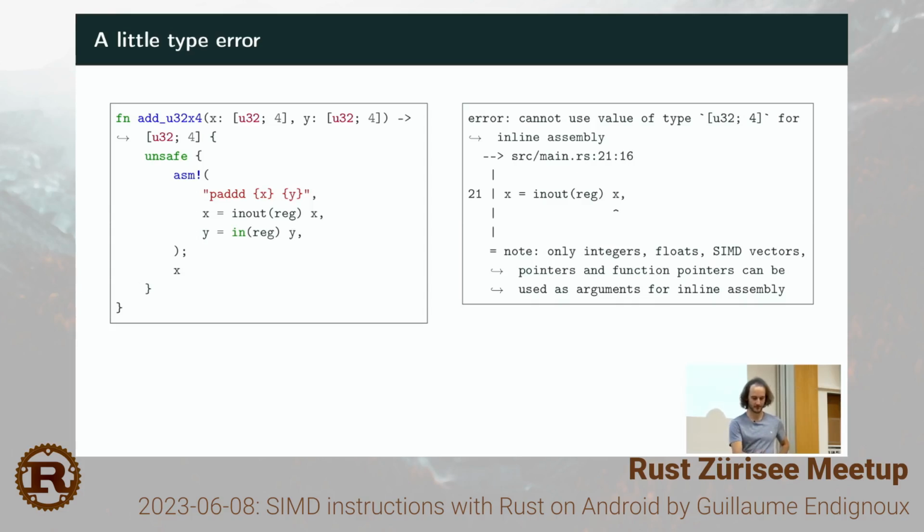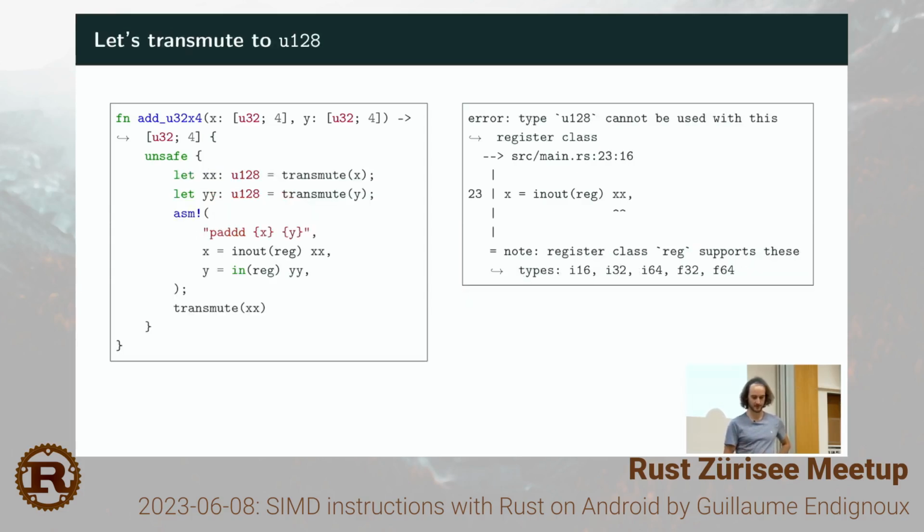So you need to figure out what to do. Maybe since there are integers, let's try 128-bit ones. And here, I wrote this transmute, so I know that Ralph is going to cry, but it's just to illustrate, don't do this in the real world. Let's just imagine these are 128-bit integers.